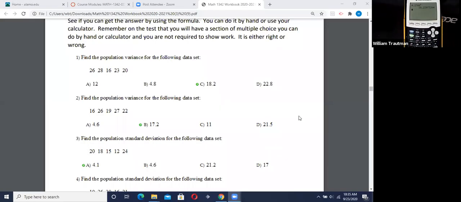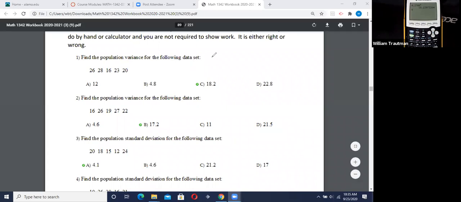So number 1, when we used our calculator to find the population variance, it's not there. Variance is sigma squared.